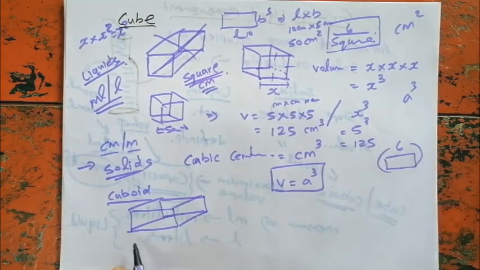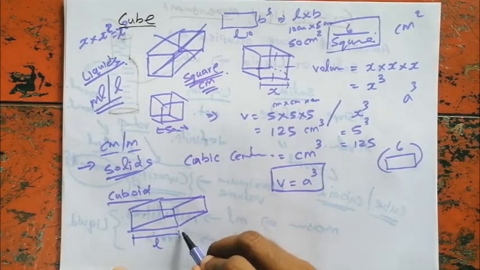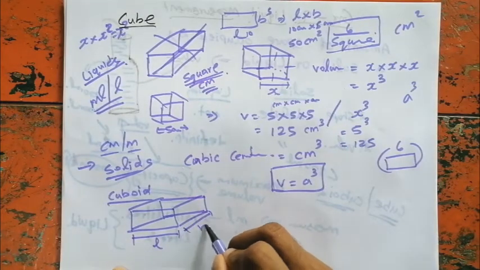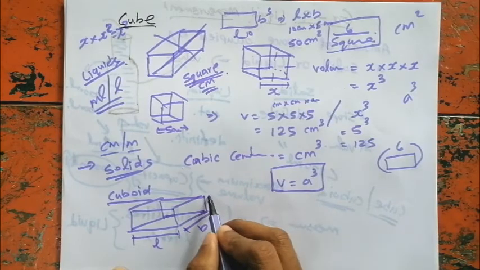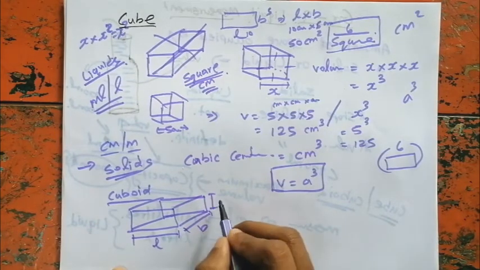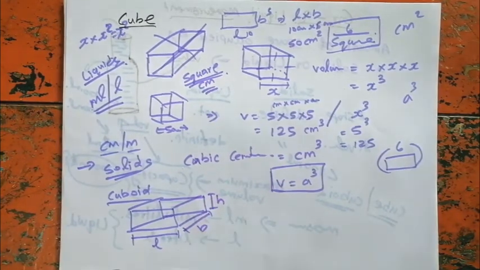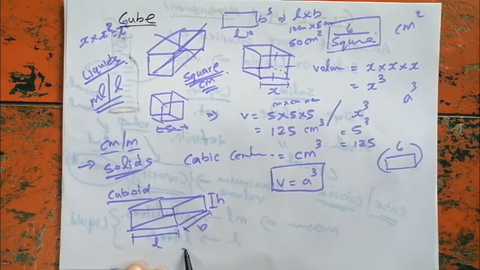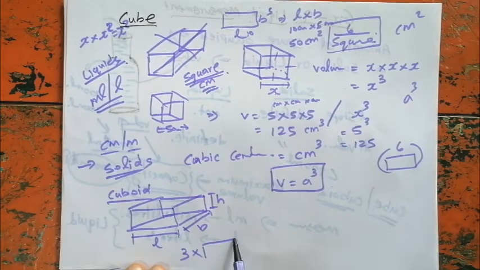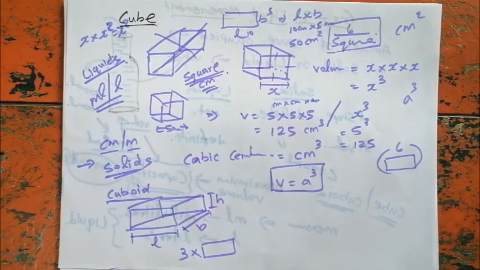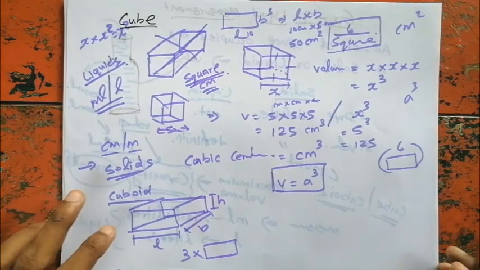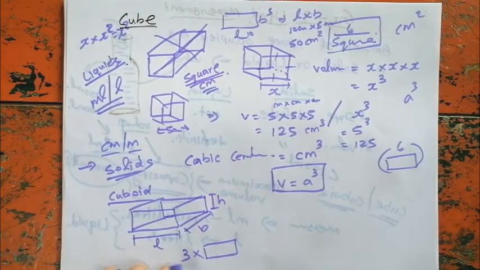Is that correct? So we have length and we have breadth, and also we have another measurement, height. We have 3 pairs of rectangles. You already studied that. So we have 3 types of length.